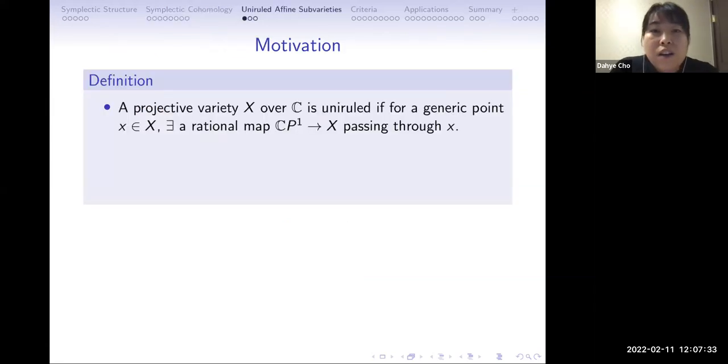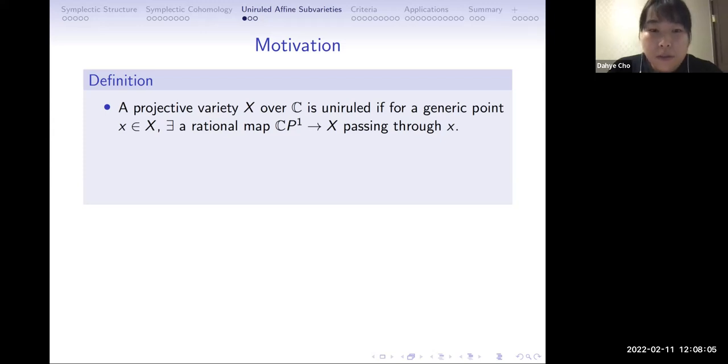So the symplectic cohomology of the completion of a Liouville domain is our main tool, and we want to understand some properties of algebraic varieties. So let me remind you of some definitions. A projective variety over the complex numbers is uniruled if for a generic point x, there is a rational curve passing through that point.